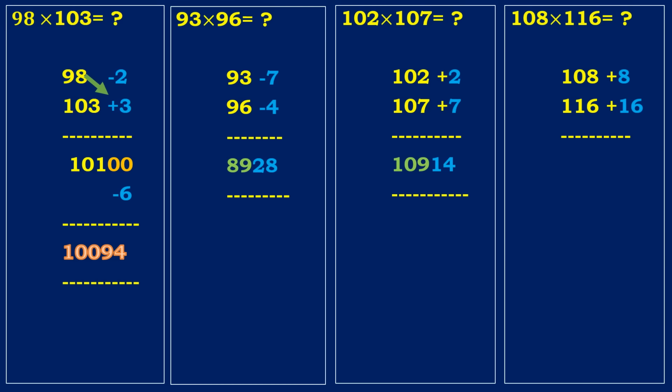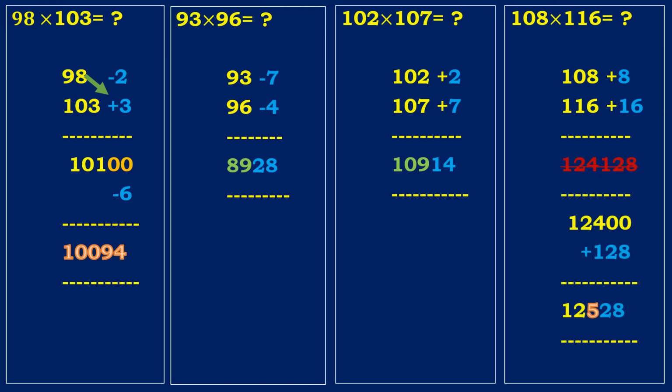Let us look at another example, which is 108 into 116. Here, 100 plus 8 gives us 108. Similarly, 100 plus 16 gives us 116. You can take any one of these cross additions. So, 108 plus 16 gives us 124. This is the first part of the answer.